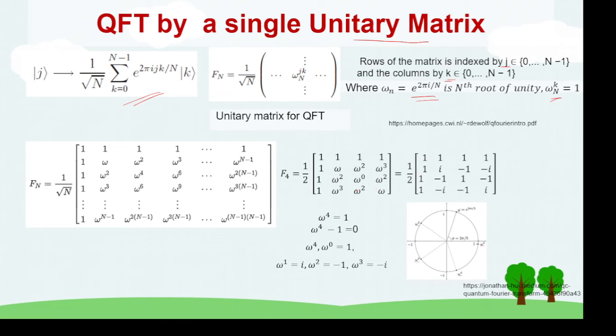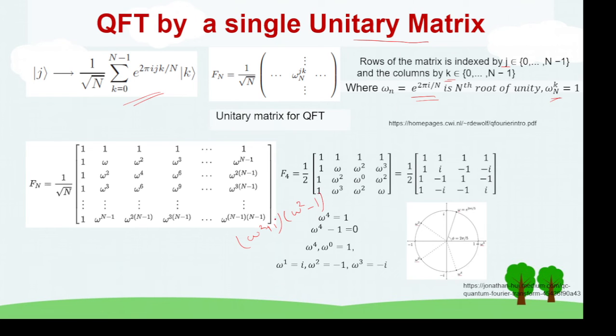Now we have filled all the elements, but we still don't have numbers to do the matrix multiplication. For that, as I told you, the nth root of unity is the definition. Here it is the 4th root of unity, which can be expressed as omega to the power of 4 equals 1. We can rearrange this to write omega to the power of 4 minus 1, and rewrite it as omega square plus 1 times omega square minus 1.